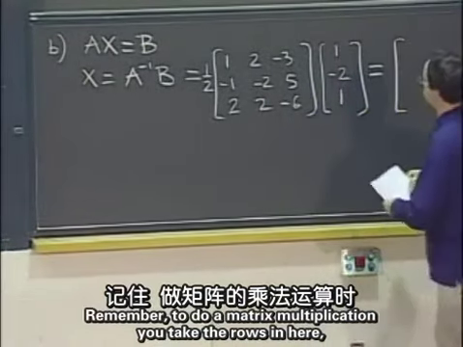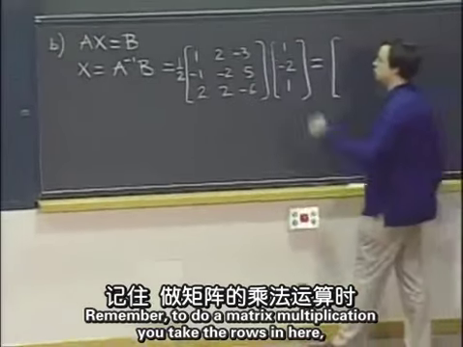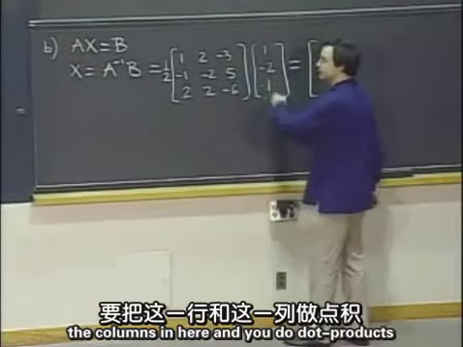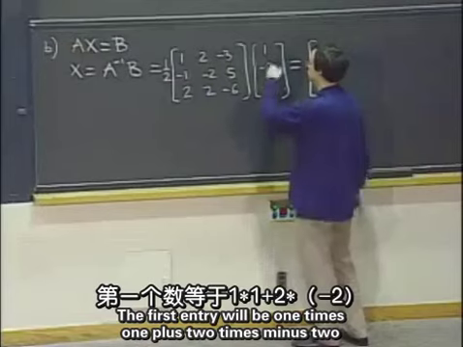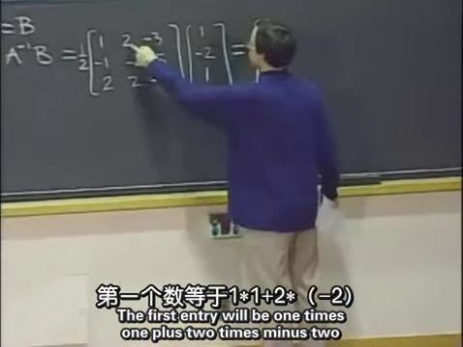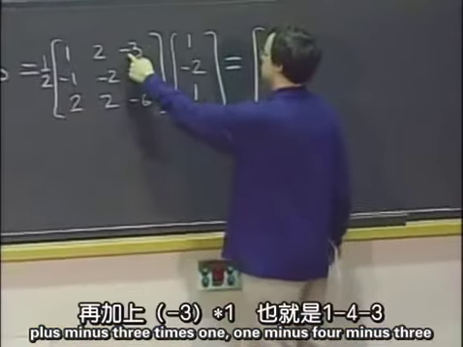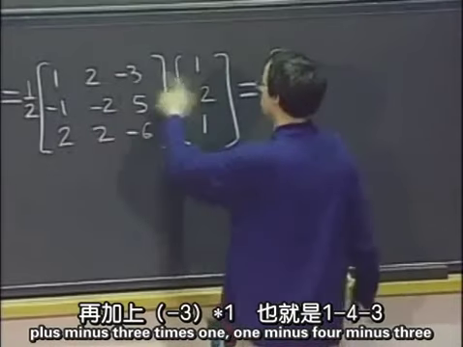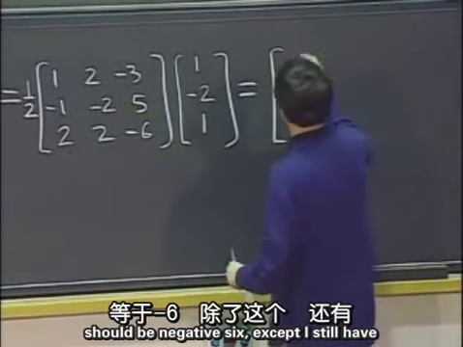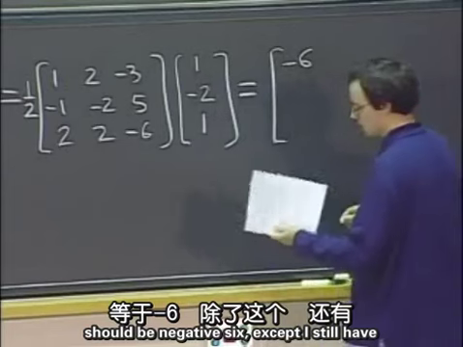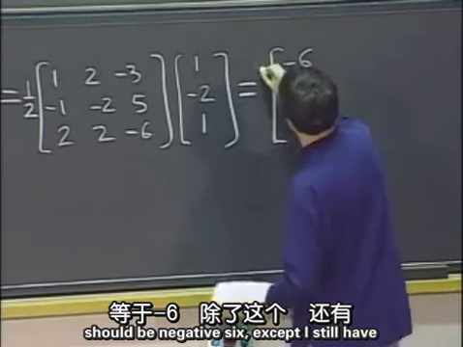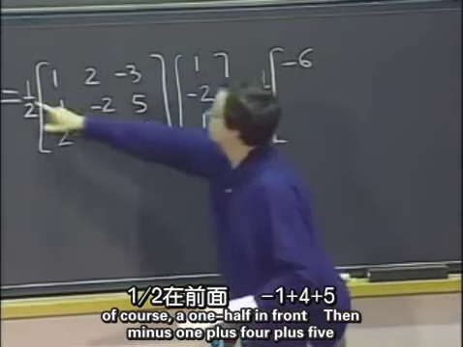Remember, to do a matrix multiplication, you take the rows in here, the columns in here, and you do dot products. So the first entry will be 1 times 1 plus 2 times minus 2 plus minus 3 times 1. That's 1 minus 4 minus 3, which is negative 6, except I still have, of course, a 1/2 in front.